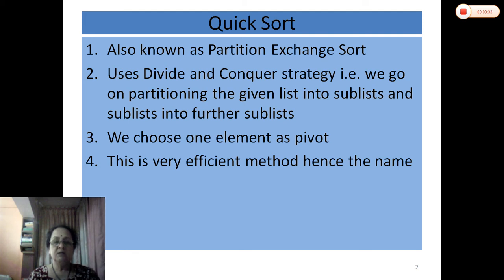It uses the divide and conquer strategy. That is, we go on partitioning the given list into sublists and sublists into further sublists. We choose one element as the pivot. This is a very efficient method and hence the name is quicksort.